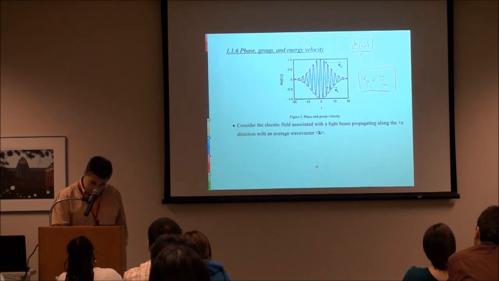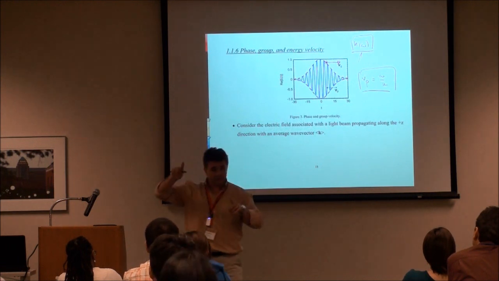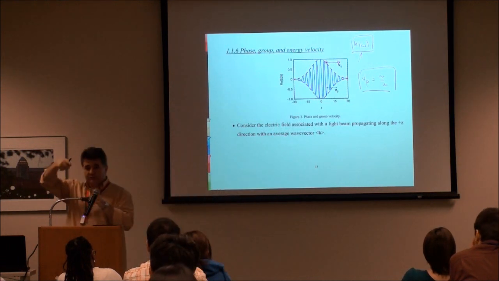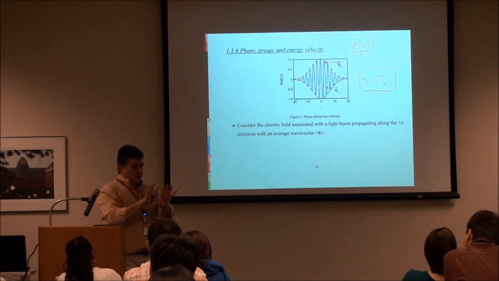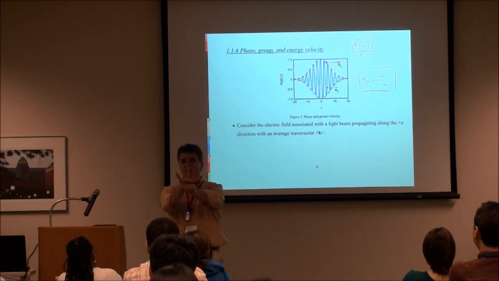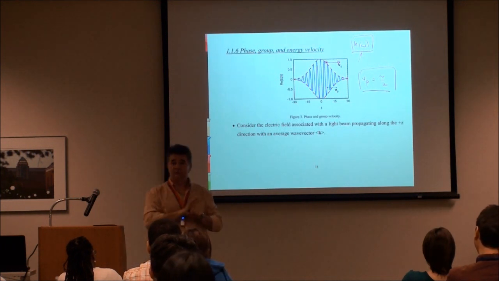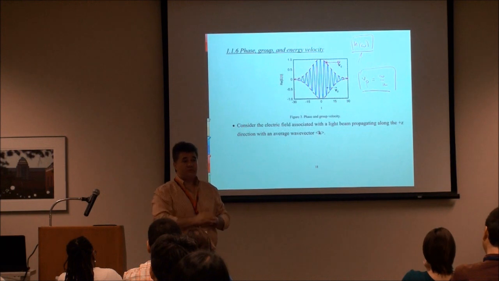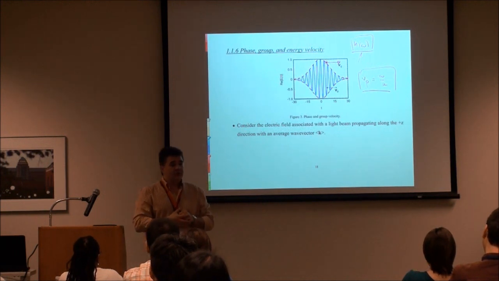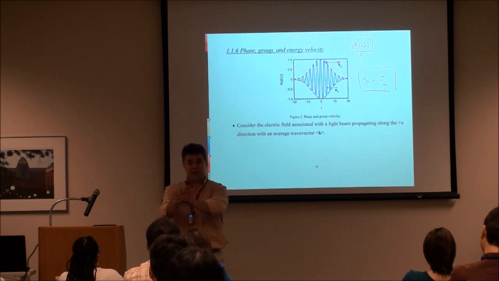So in a way, you can think of a signal as an envelope and then a carrier, or a high frequency modulation. So sometimes the envelope and the carrier move together. When does that happen? Non-dispersive media. Only then do we have these phase and group velocities go together.